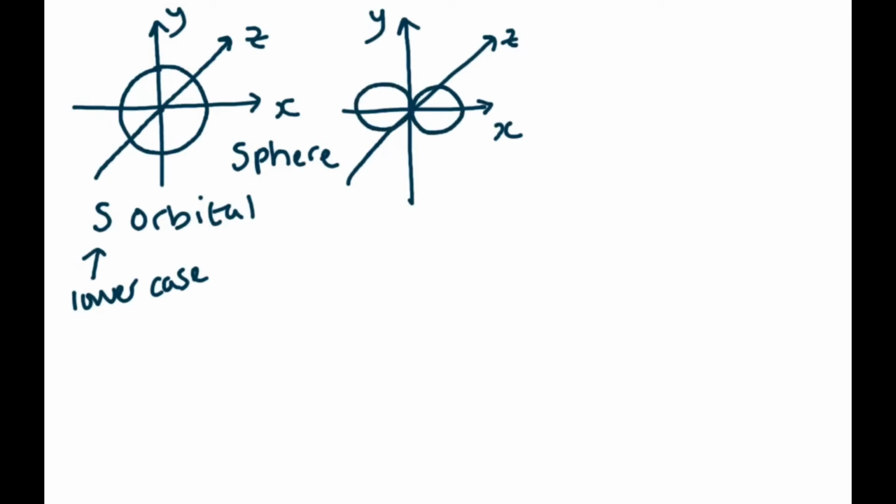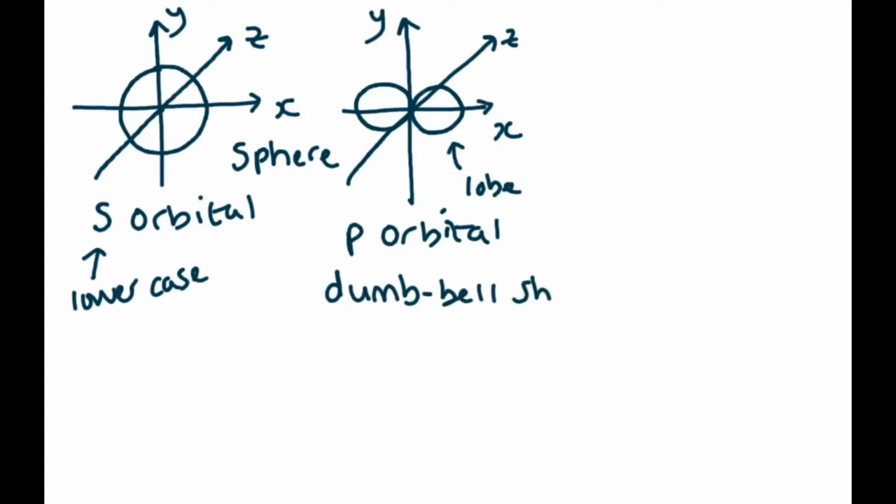Try and make them the same size, like your earlobes. This is called a p orbital, lowercase again, and in exams we call the shape a dumbbell shape, like the weights.